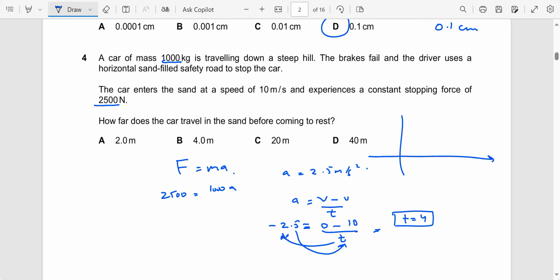Now if you draw the graph, it starts at 10 meter per second and comes to rest after 4 seconds, so the distance moved is the area under the graph, this triangle, which is 1 by 2 times base times height, so that is going to be 20.